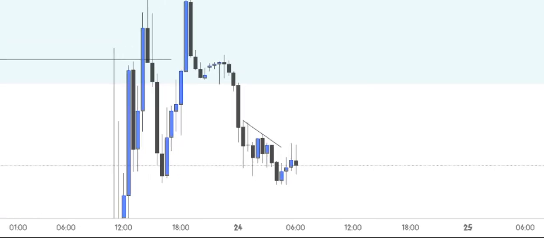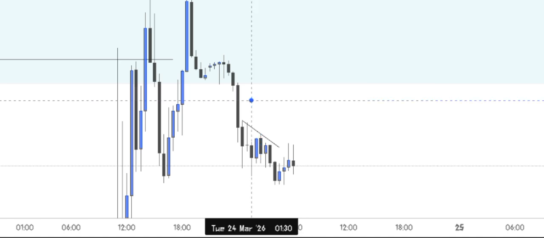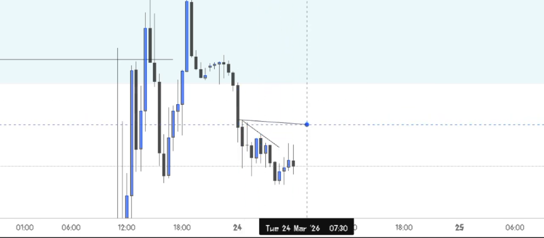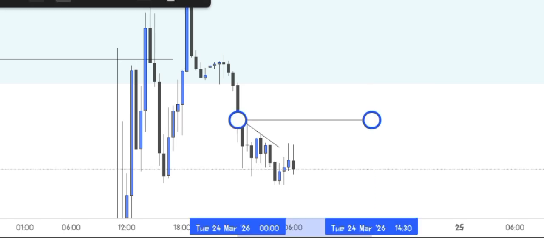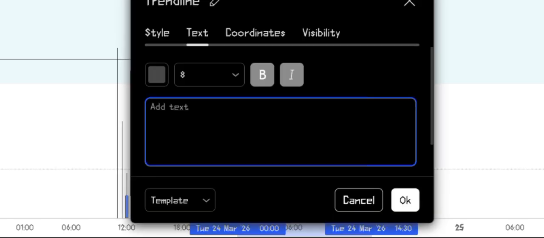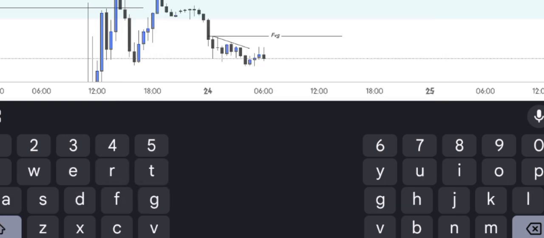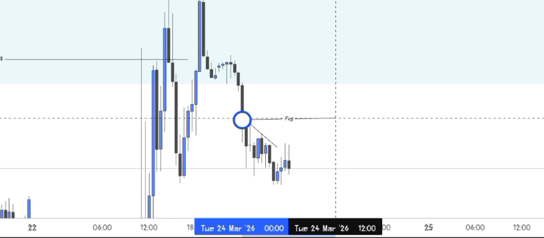So looking at it, we already have our Asian highs, and this Asian highs is actually below our fair value gap, a strong fair value gap right here.